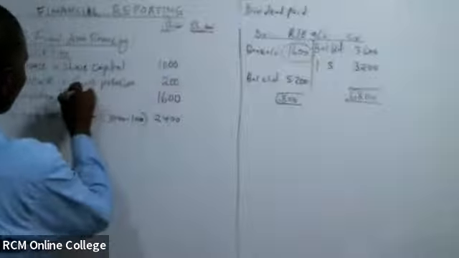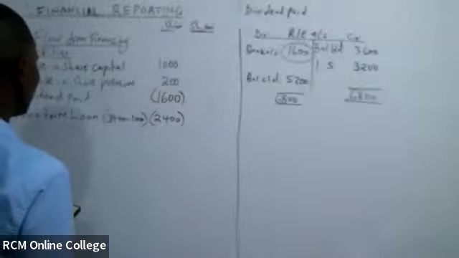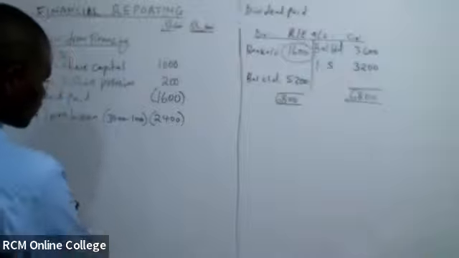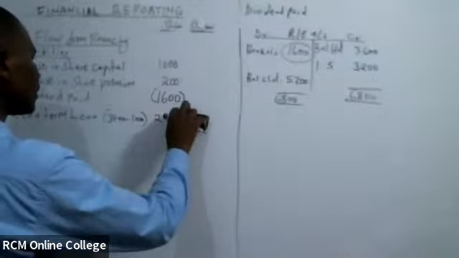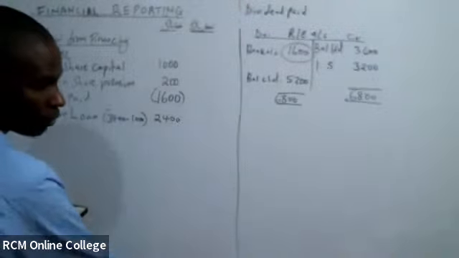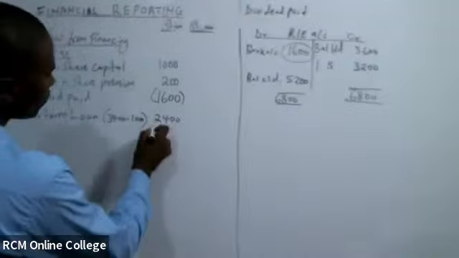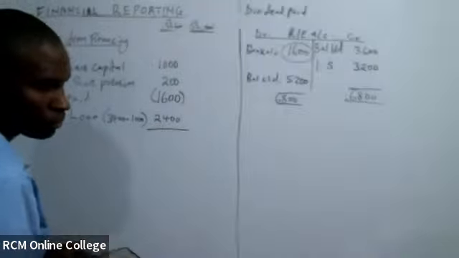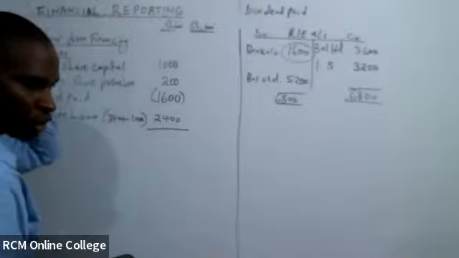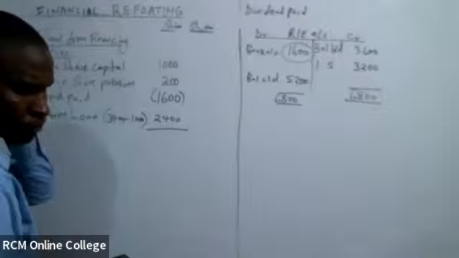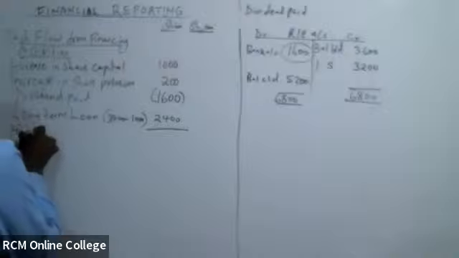And since the dividend was paid, you also less loan. We added loan worth 2400. So what will be the total? How much is the total? That is the net cash flow from financing activity.